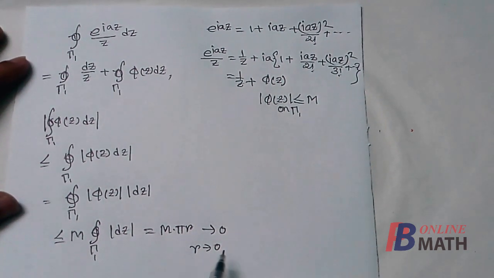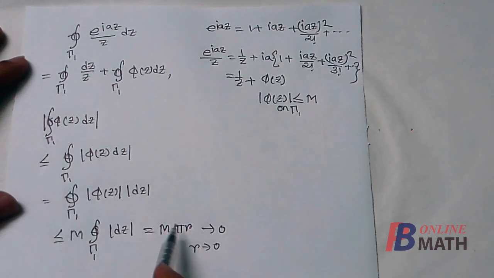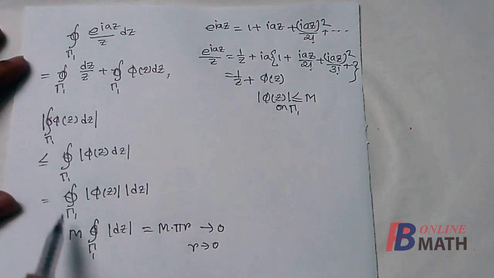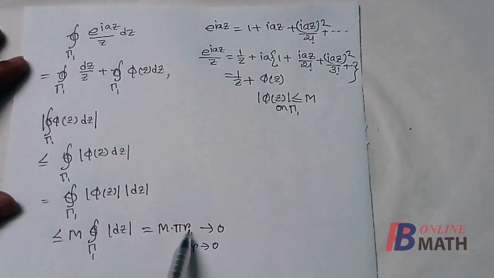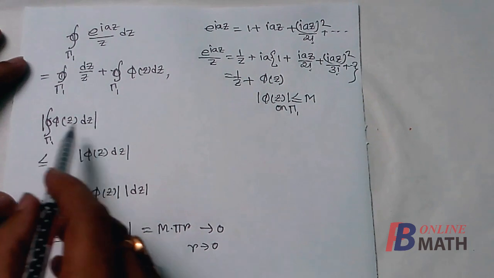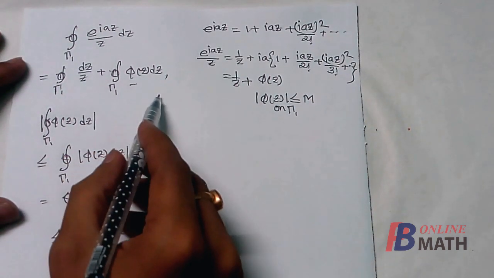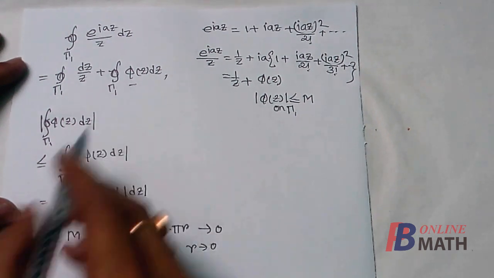So if we take r tends to 0, then the modulus of this integral tends to 0. From here we find that the modulus of this integral is less than or equal to this quantity which tends to 0, but modulus can't be negative. So the only possibility is this integral tends to 0 as r tends to 0.